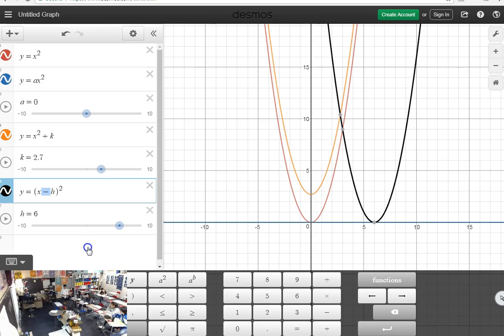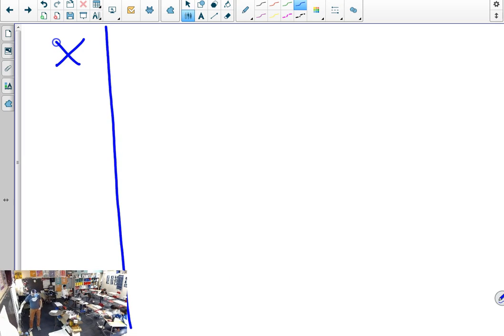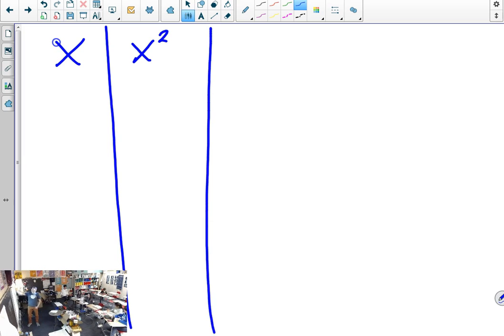Let's discuss. If we make some tables, let's make a table. Let's say we have our input and our input squared, and then input minus something, squared.